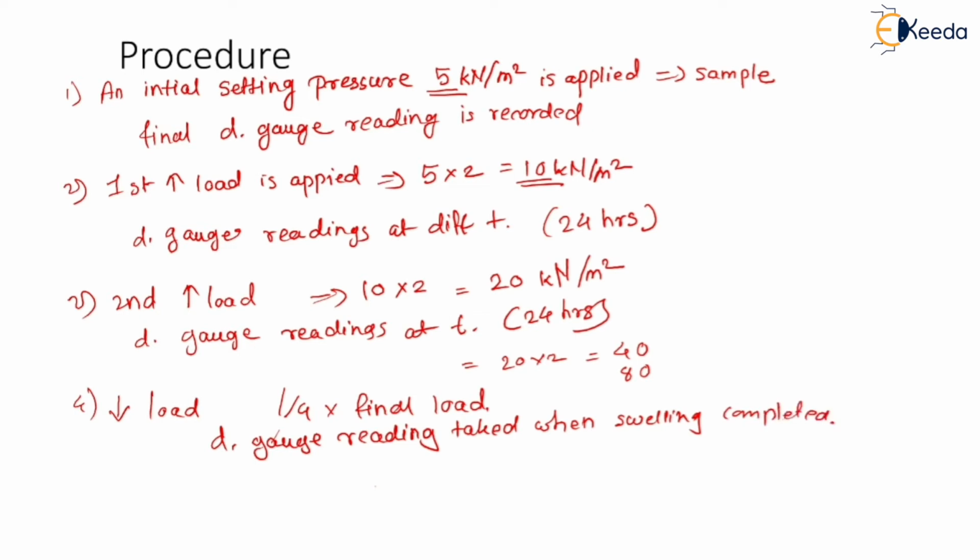Then the load is further reduced to 1/4 intensity and the swelling after 24 hours is recorded. So it is again reduced to 1/4 intensity and swelling after 24 hours is recorded.